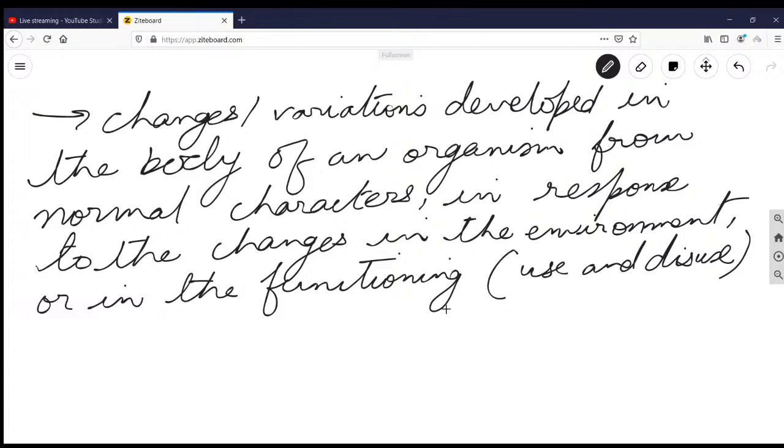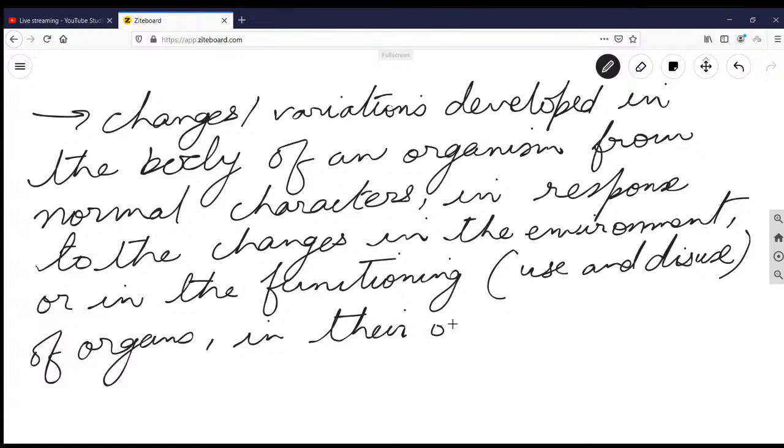This interests me a lot because it works sometimes for organs. That's why the theory is not completely futile, in their own lifetime, to fulfill their new needs.